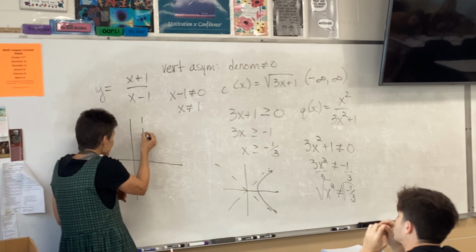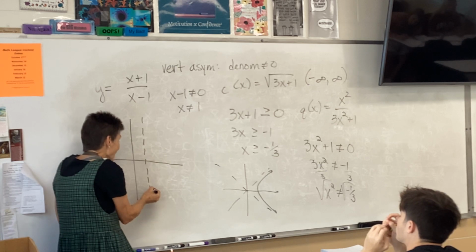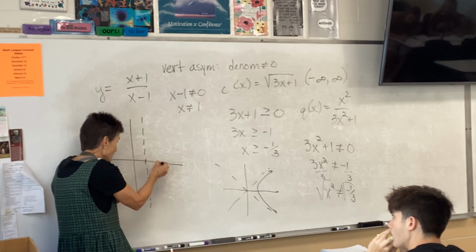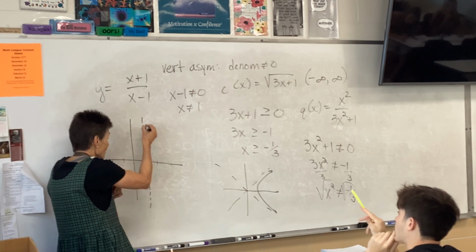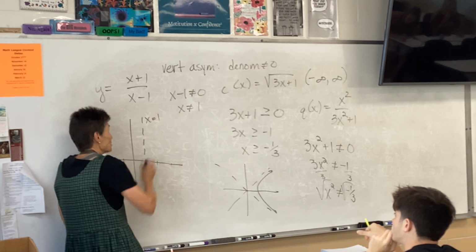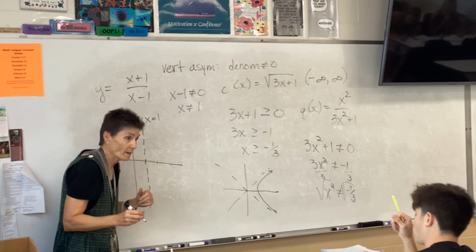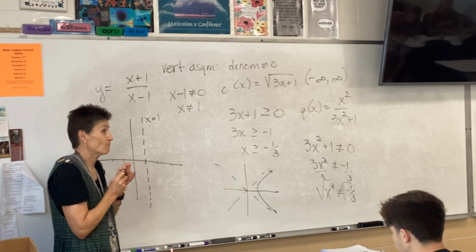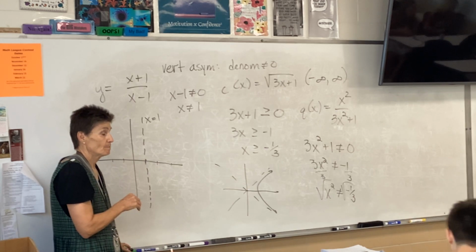So your vertical line, and we'll use a dashed line to show it, a dashed line, 1, there's 1, 2, 3. That line is your vertical asymptote. Whatever x can't be is going to be your vertical asymptote.